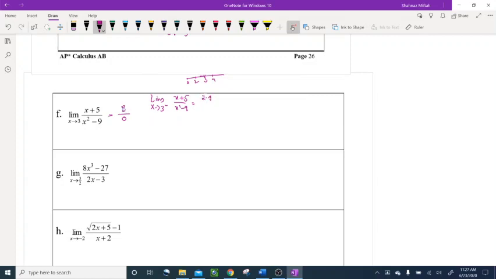Okay, when I see this undefined, before I go there, guys, when I see the undefined, then I already know that my answer is positive or negative infinity, or you can write does not exist. Either way is good. You see that? So that's what I'm trying to see. So if I pick 2.9 plus 5 over 2.9 squared minus 9, this is giving me a positive number.